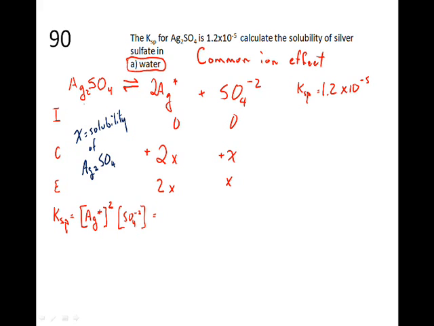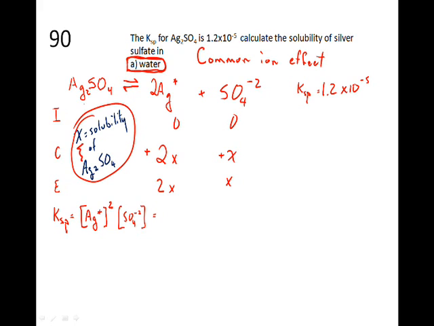Now here, in this particular problem, this is being just dissolved in water. So we're setting up the ICE box. We're wanting to find the solubility of the silver sulfate.